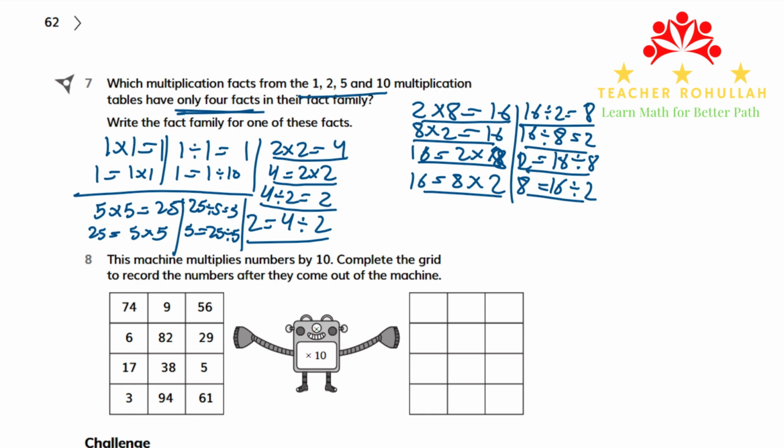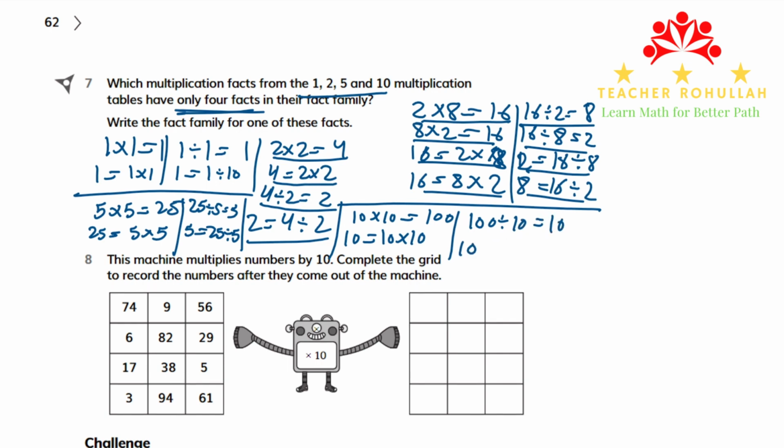The same case is with 10. Let me write the fact family for 10 here. 10 times 10 is equal to 100. 100 is equal to 10 times 10. And 100 divided by 10 is equal to 10. The same way, 10 is equal to 100 divided by 10.